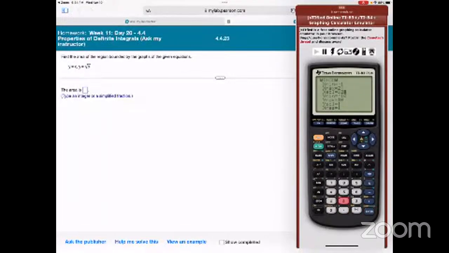The y minimum, we can go like -1. The y max is like 2. Y scale, we can do 0.25 as well. Okay, let's hit the graph. So that's y equals x. Yeah, square root of x, right? And they cross when x is 1.